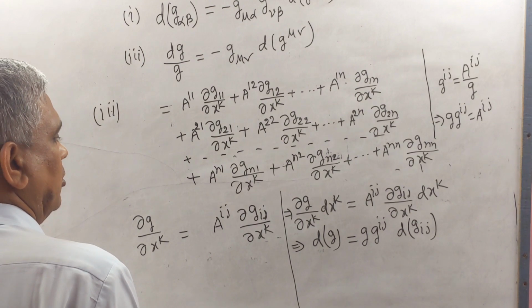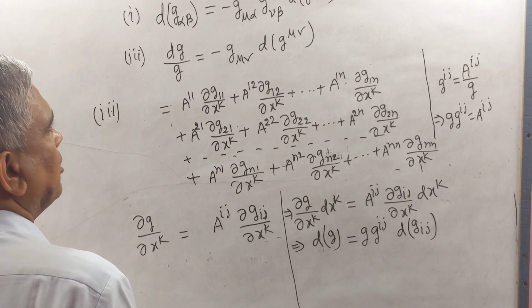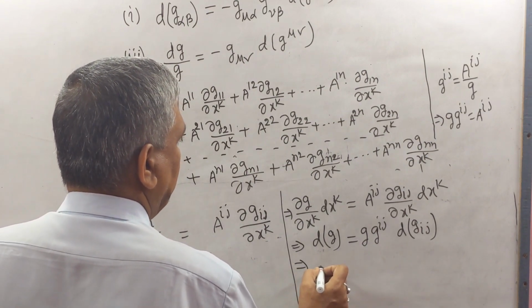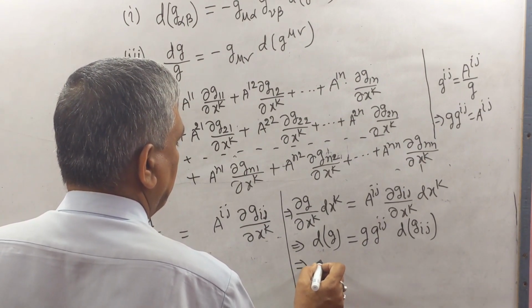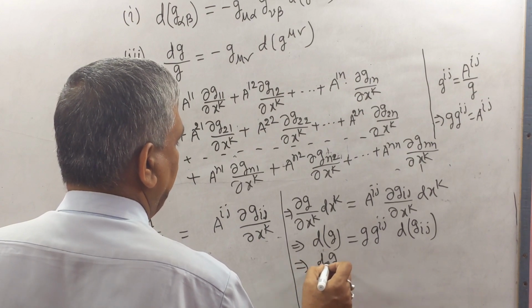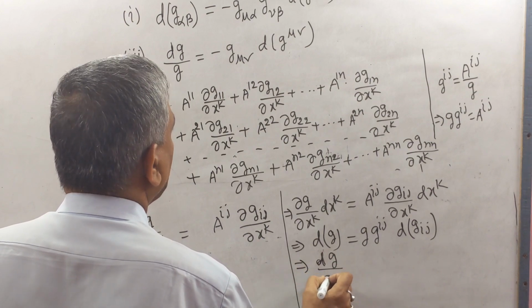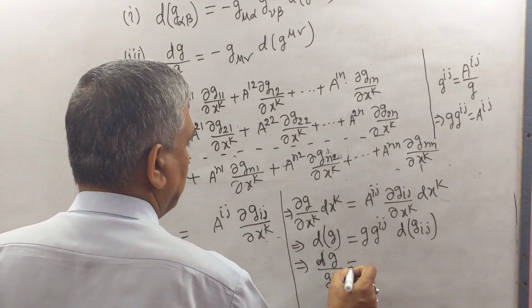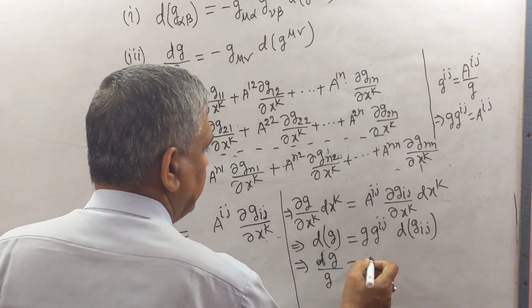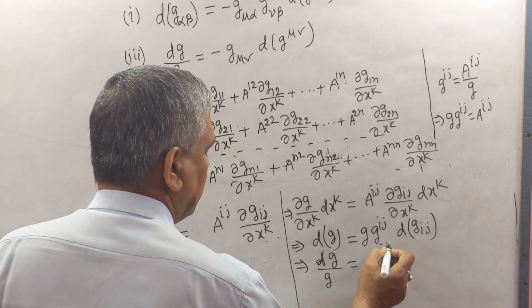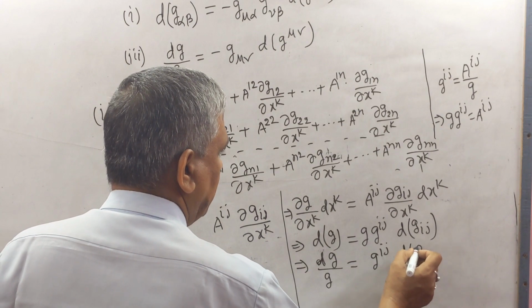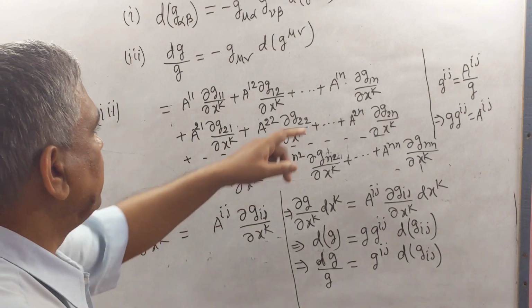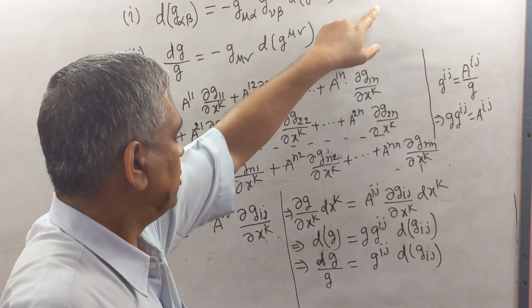So we will get dg by g equal to g^ij dgij, using 2 here.